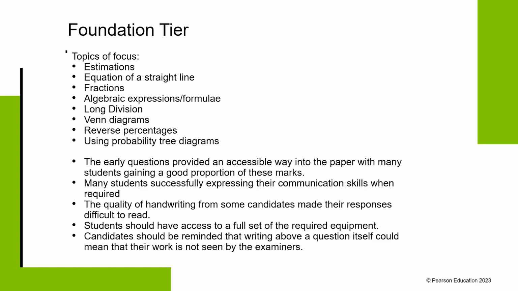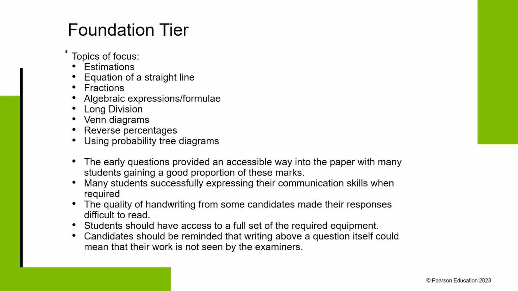Also they need to be reminded that if they write above a question, it might not be seen by the examiners. There's a perimeter or a box around where the papers get scanned, so remind students to make sure they're writing within the box around the question.